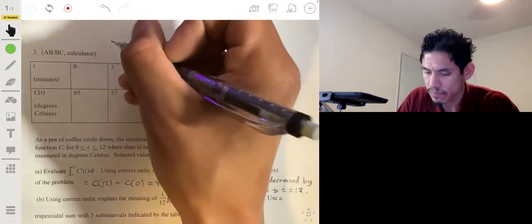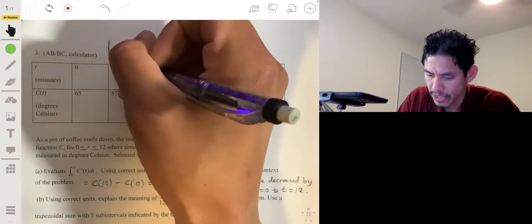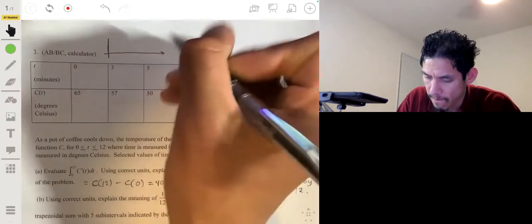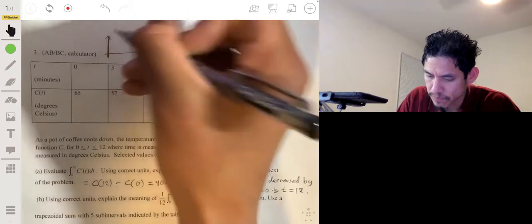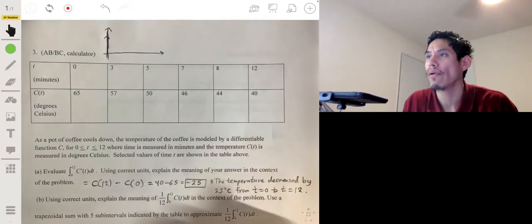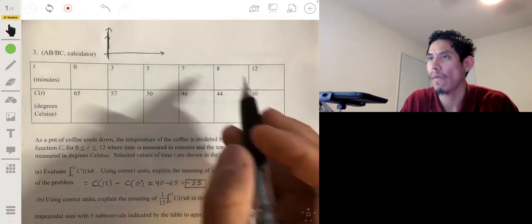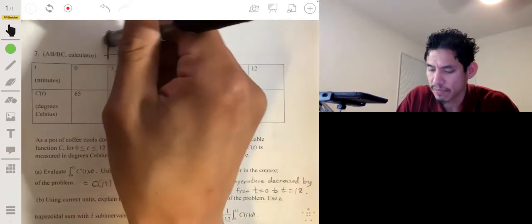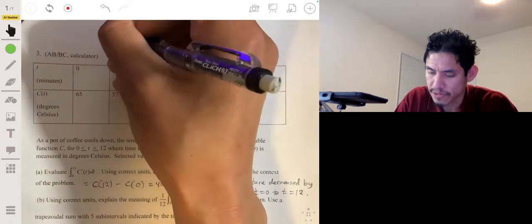So we want to find the integral from 0 to 12, but we don't have an explicit function. What we could do is take an approximation by making trapezoids.